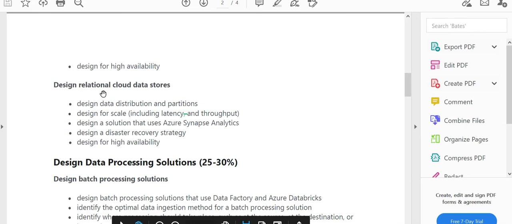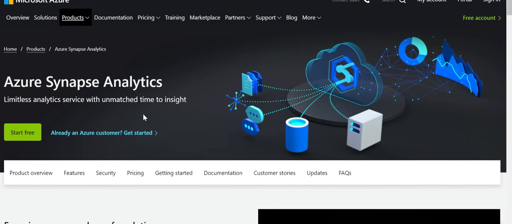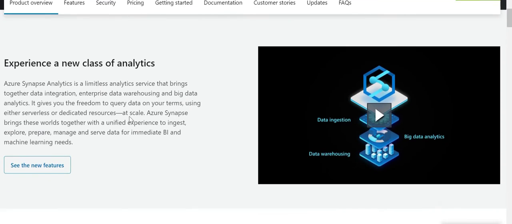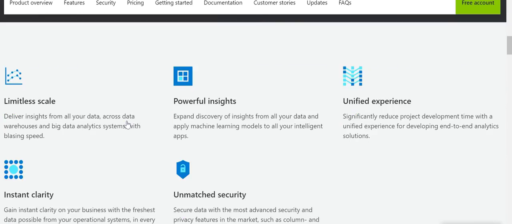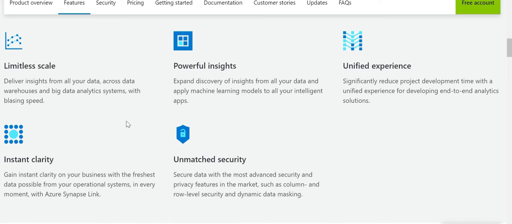You can then see a relational cloud data source like Azure Synapse Analytics. This is primarily used as a limitless analytics service. You can also build your data warehouse on this. This is a very important database of Azure. This is similar to Redshift in AWS. What it does is it provides you limitless scale. There is no limit to it.